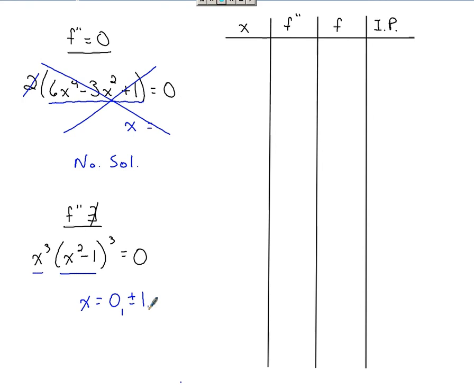So setting up the intervals off of those three values now that we have, we're going from negative infinity up to negative 1. At negative 1, we acknowledge with the second derivative that it does not exist. We go from negative 1 to 0. At 0, we acknowledge second derivative does not exist.